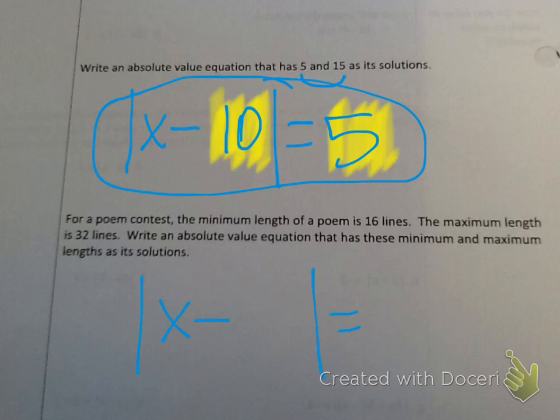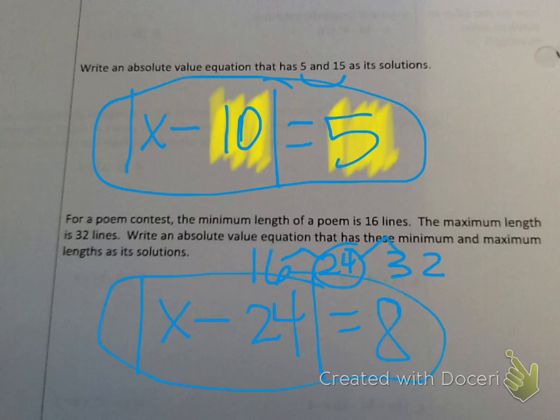So the middle number in between 16 and 32, if I add them up, I would get 48 divided by 2 is 24. So the middle of the two numbers is 24, and then how many does it take to get from 16 to 24 and 24 to 32 is just 8. So there's our absolute value equation.